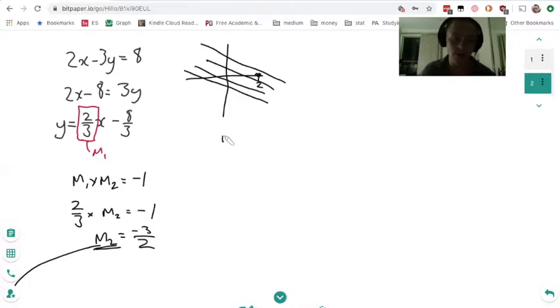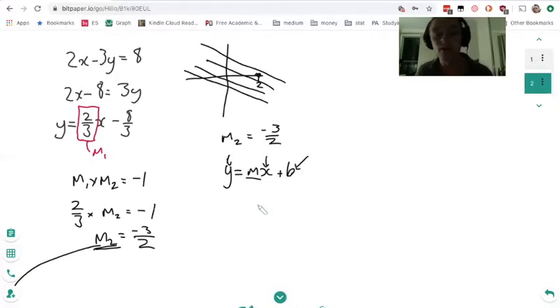So I know M2 is equal to -3 on 2. All I'm going to do is say y equals mx plus b. I'm going to substitute in my m, my y, and my x. I will find the b, and that's all I'll need to know the equation of this line.